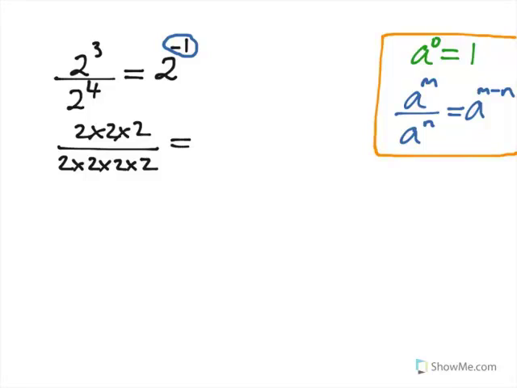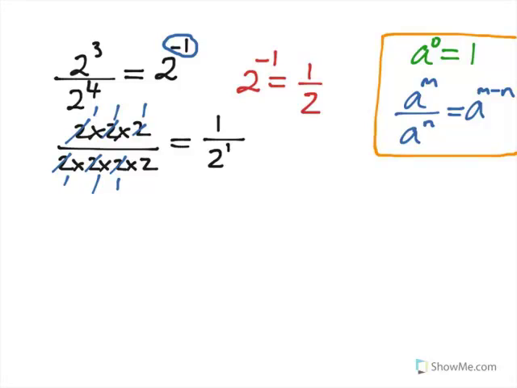Now we can cancel those 2's, and on the numerator we've got 1 times 1 times 1, which is 1. In the denominator, 1 times 1 times 1 is 1, times 2 is 2, and don't forget that this power is a 1. So we're saying that 2 to the negative 1 actually means a half, 1 over 2.